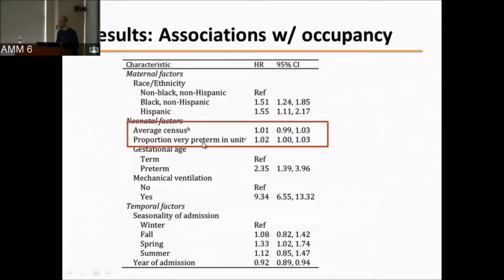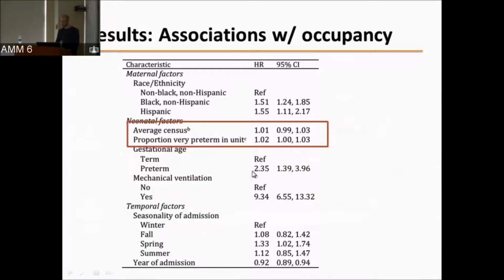We had some other associations here that we saw that were consistent with the literature out there, and that's an increase in risk for Black non-Hispanic infants, an increase in risk for Hispanic infants relative to non-Black non-Hispanic.